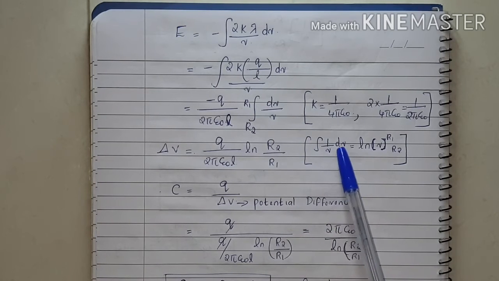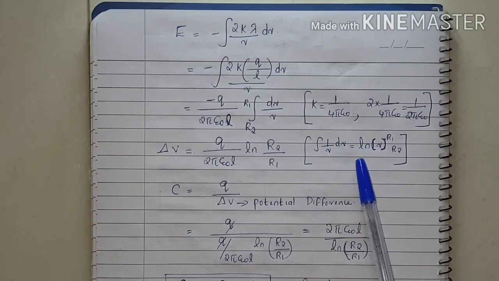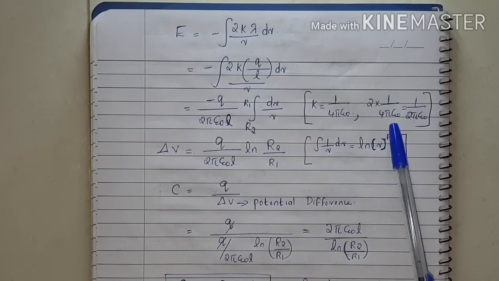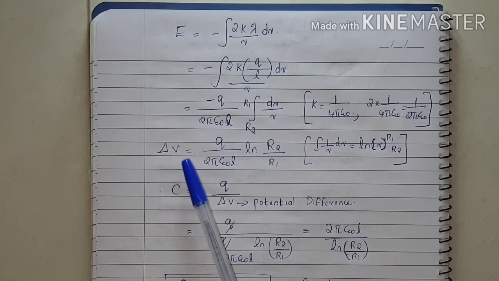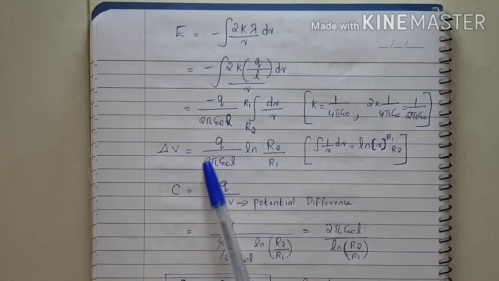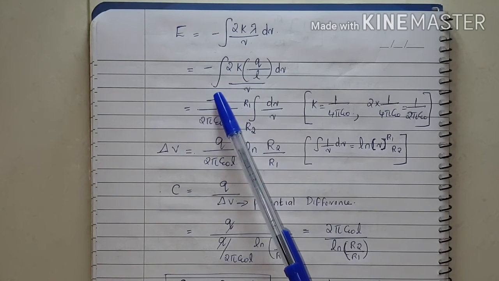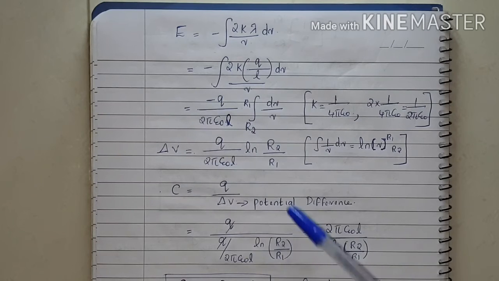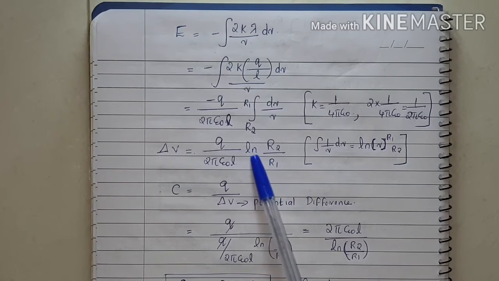Integral 1 by r dr is nothing but ln r from R2 to R1. So the potential difference delta V, in order to neglect the negative sign, we can invert the upper limit and lower limit, equals Q by 2 pi epsilon 0 L ln R2 by R1.